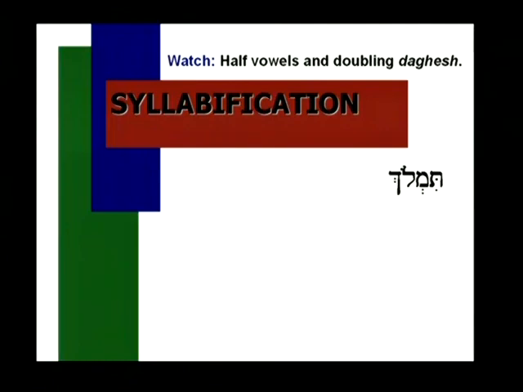What about the other one? How do you know it's vocal? It's not following an accented syllable. Okay? It's not following an accented syllable, therefore it's going to be vocal rather than silent. And so therefore, it's Tim Loke.